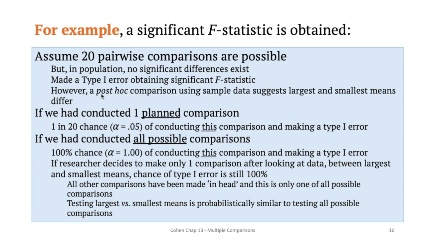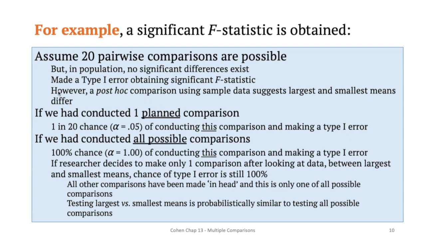However, a post hoc comparison using sample data suggests the largest and smallest means differ. So we found a significant test, and we explored the data a little bit, looking like there might be some stuff. If we had conducted one planned comparison, then we would have a 1 in 20 chance of conducting this comparison and making a type 1 error.